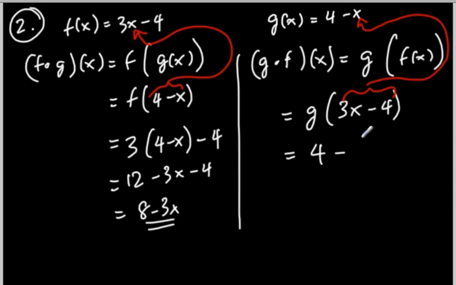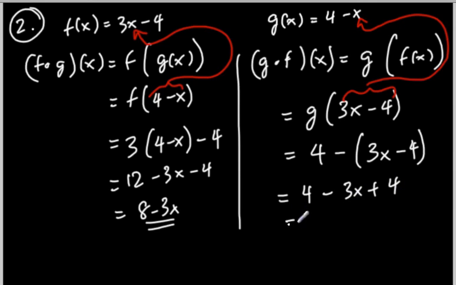So 4 minus, and put it in brackets because this is really helpful, (3x minus 4). So you get 4 minus 3x plus 4, which ends up being negative 3x plus 8. And that's your solution for this one. If you observe, these two actually end up being the same thing, which is kind of interesting. So let's go to the next one.